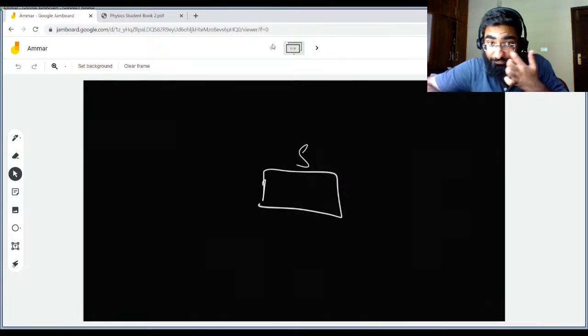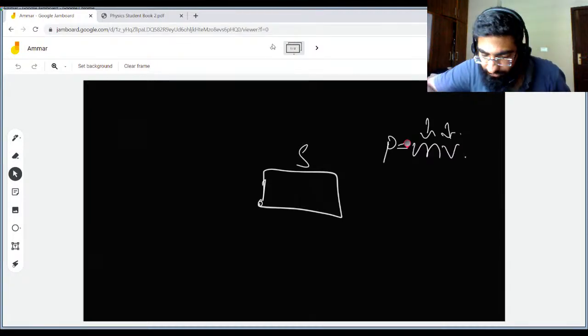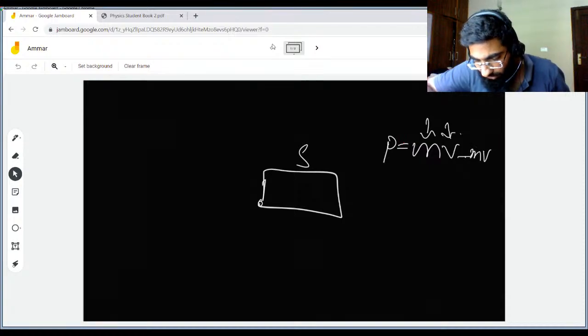There is no change in momentum as long as it is moving with a constant velocity. Because mv and mu are both the same, so change in momentum will be 0.